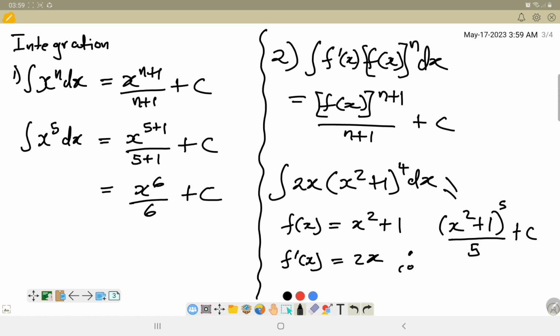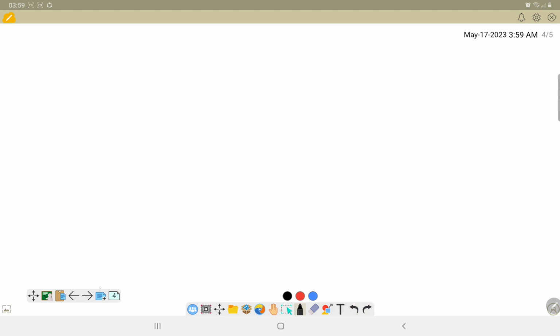Of course, there's another method that we can look at for integrating this type of problem. There is another technique which is known as u substitution.